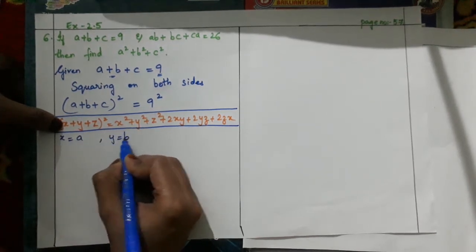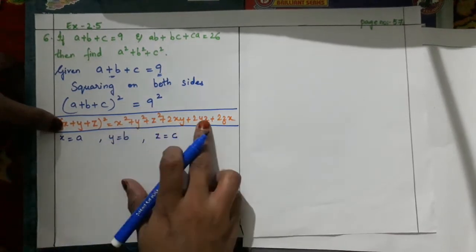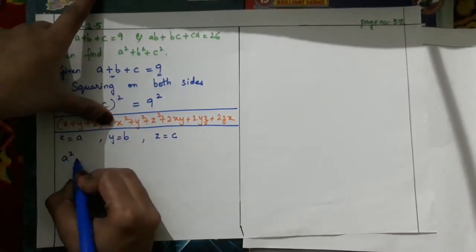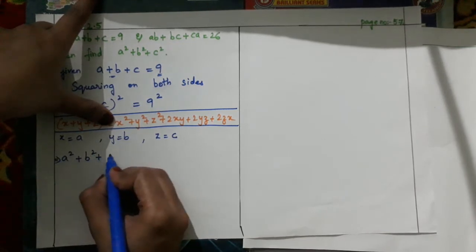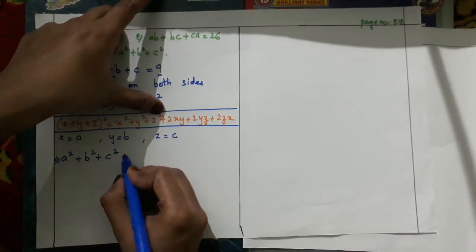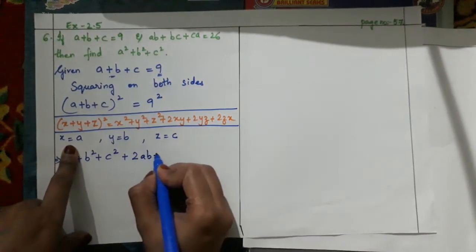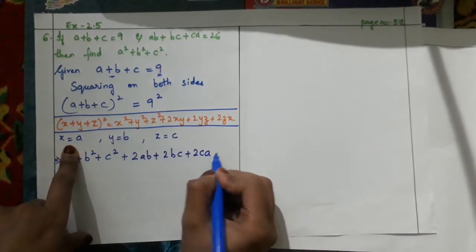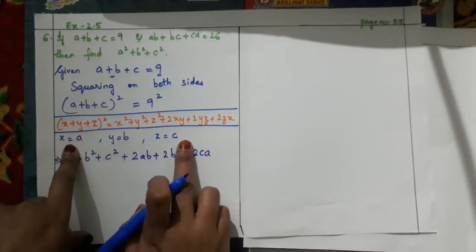Y is nothing but b. And z is what? C. In place of x, y, z we are going to write a, b, c. So x square means a square plus y square is nothing but b square plus c square plus 2xy, 2ab plus 2bc plus 2ca. Okay, in place of x, y, z we have to write these alphabets a, b, c.